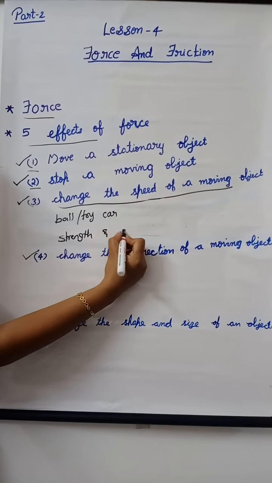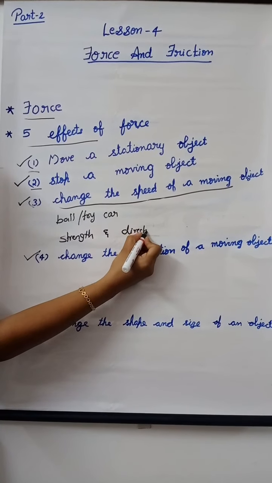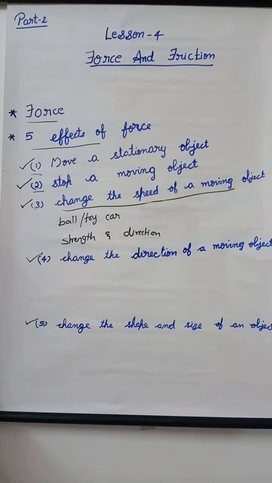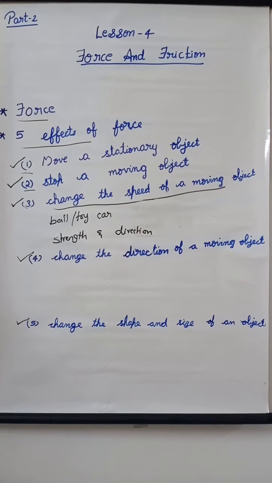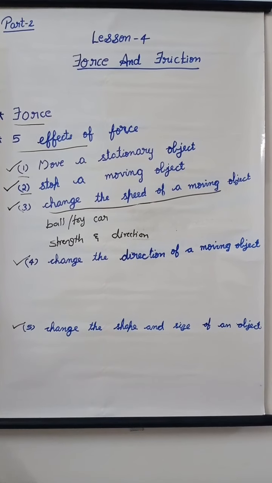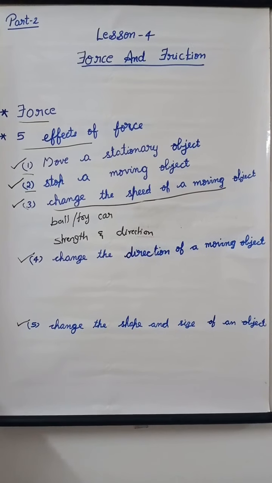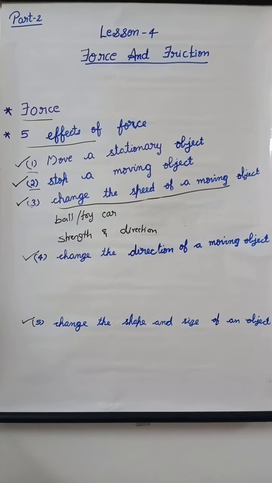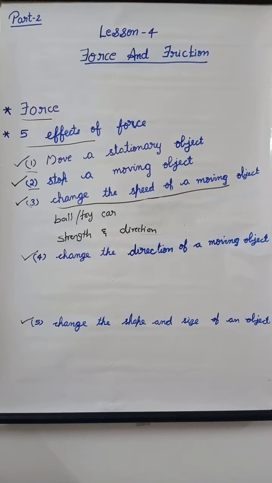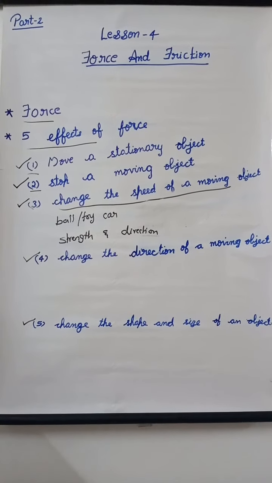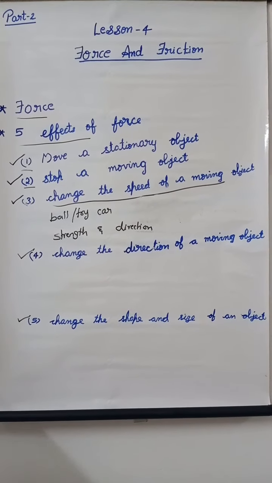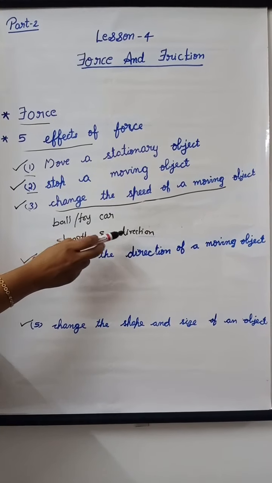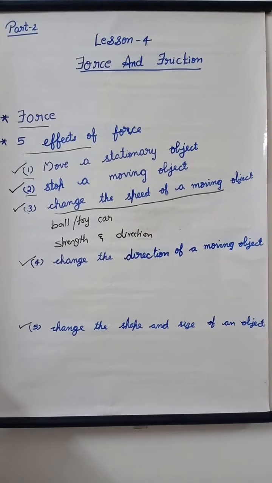Strength and direction. So the third point that we have discussed is that a force can change the speed of a moving object. The first example we have discussed is about the ball or the toy car. Then we have understood that the speed of an object increases or decreases depending upon the strength and direction of the applied force.